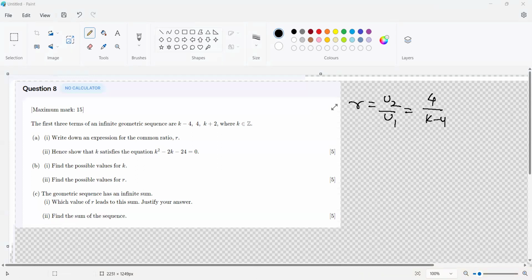Or R can be U3 upon U2. So when I do U3 upon U2, it will be k plus 2 upon 4 because U3 is k plus 2.